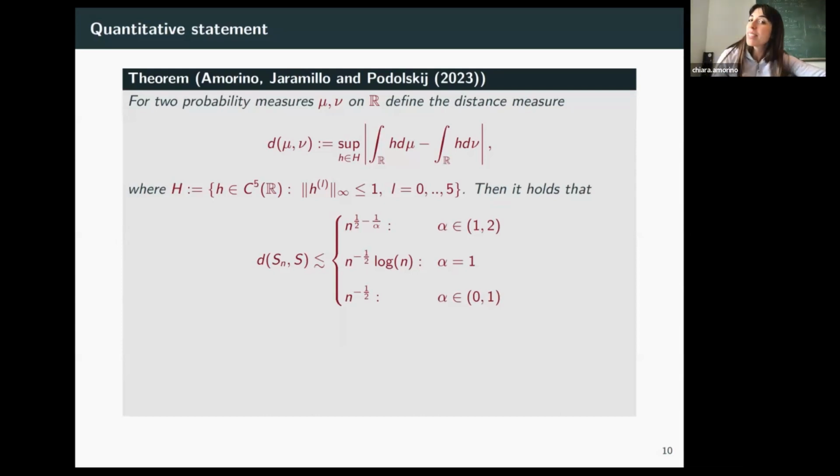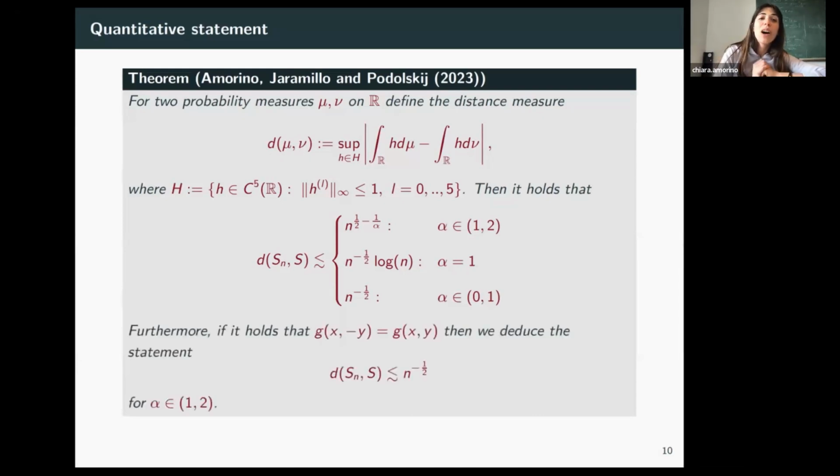Well, it may seem the case, but one important thing to remark is that if you add symmetry, so if you know that the function g you started with in the definition of the statistic is symmetric, then it's possible to improve what happens for alpha larger than 1. And again, it's possible to recover exactly the same case as for alpha smaller than 1, which is n to the power minus 1 half, the benchmark, which is something that makes us happy.